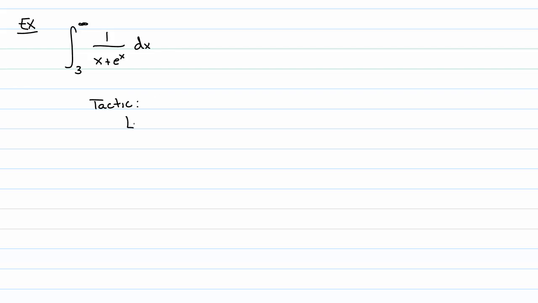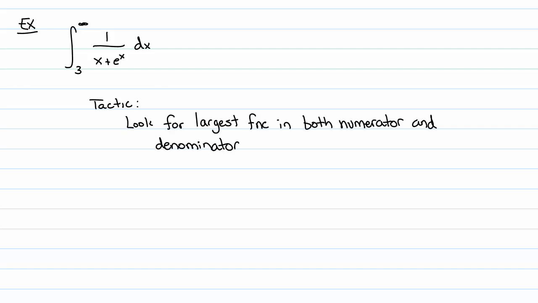So look for the largest function, and by the way, that's the largest function in both the numerator and the denominator. Now this could be somewhat obvious, as in the case that we're looking at here, and then we'll take an example where the case is not so obvious. So the largest function in the numerator is just 1, and then the largest, most bad function in the denominator is e to the x.